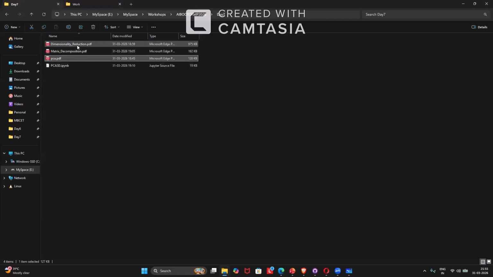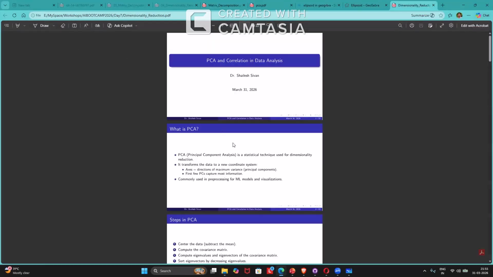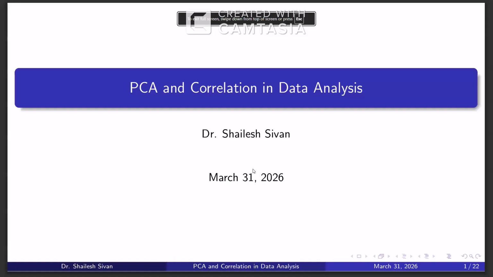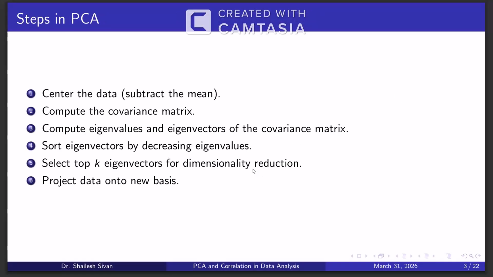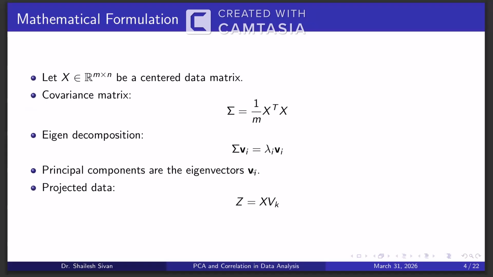The same procedure is explained in PCA too. Here also, we are doing the same thing. PCA will again do another kind of computation similar to this. Here also, the steps are, first, we consider 1 by m into x transpose x. That is the covariance matrix we have to calculate.